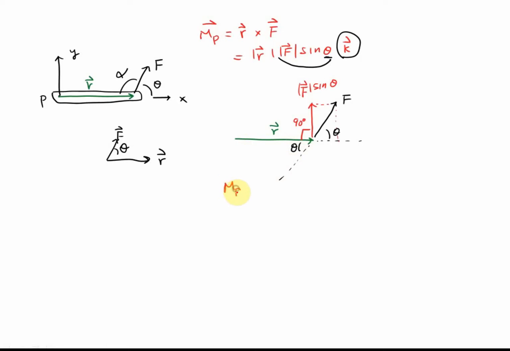So basically your moment MP is r times f sine theta. That means you just multiply r and the component of f that is 90 degrees, or perpendicular, to your r. Or maybe you can think about r sine theta, because this one is equal to r sine theta and f k. So maybe you can just consider this one first.